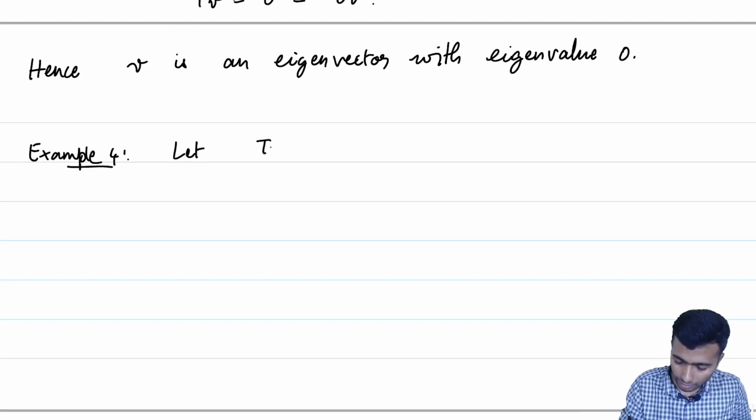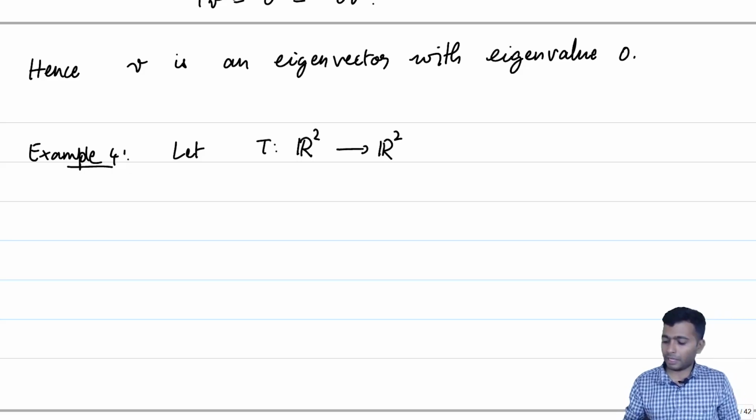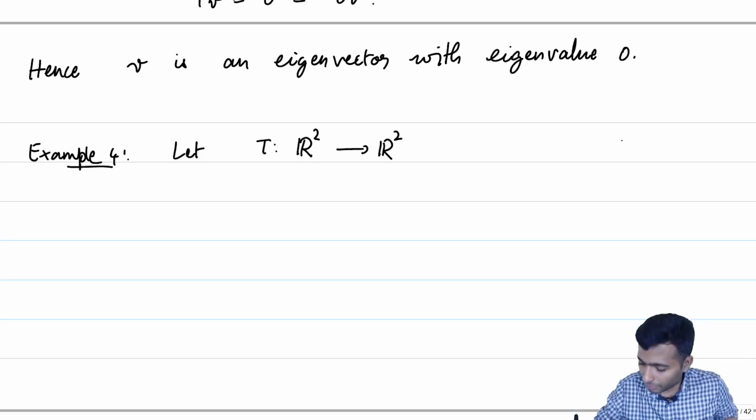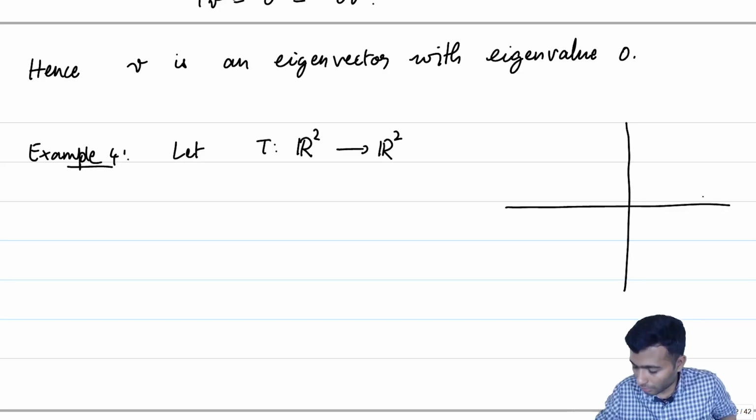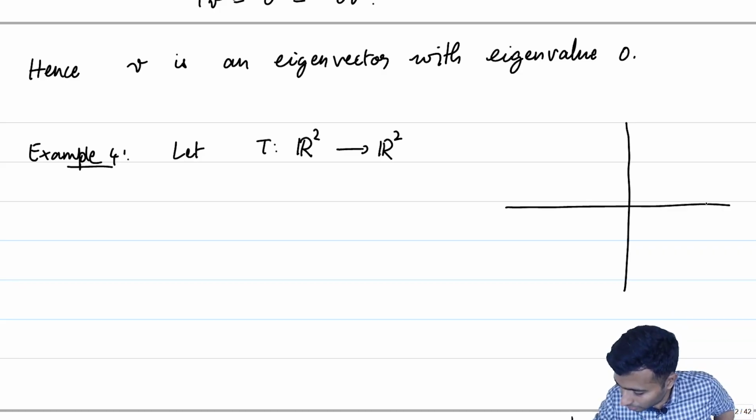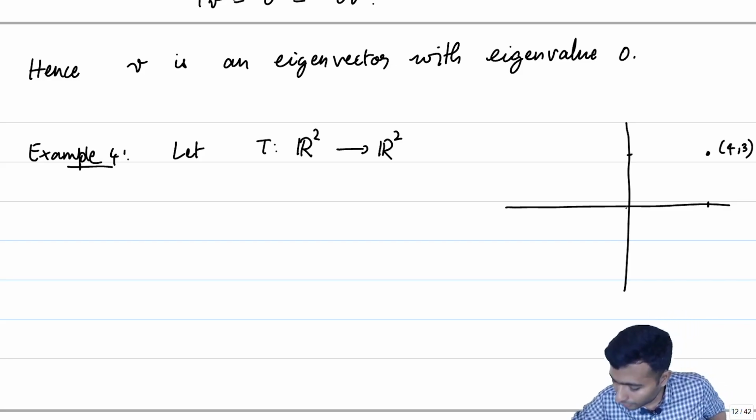Let T be the map from R2 to R2, which is given by a reflection along a line. Let me just draw it for you. Suppose this is our Cartesian coordinates. So, let this be 4 and let this be 3. So, this is our point (4, 3), and let us look at the line joining the points.